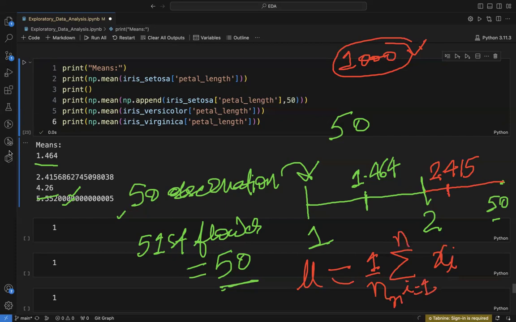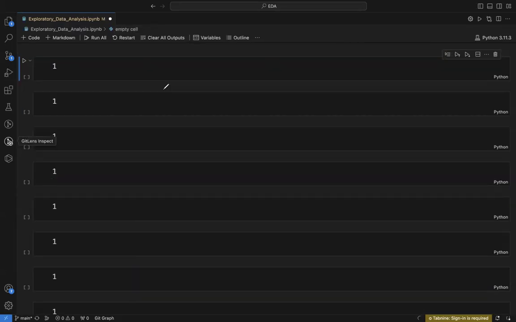Let's erase this. Fine. Now, having understood what mean is, what is mean telling us? Mean is telling us about central tendency.